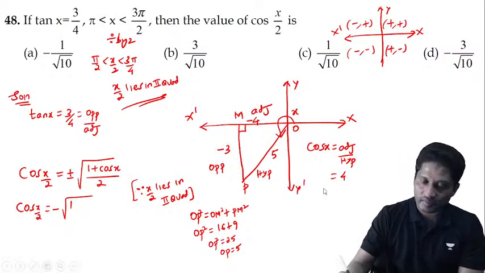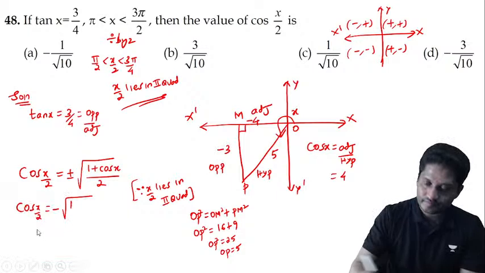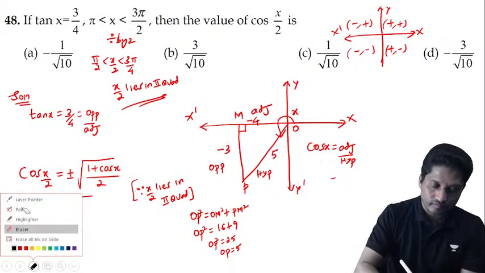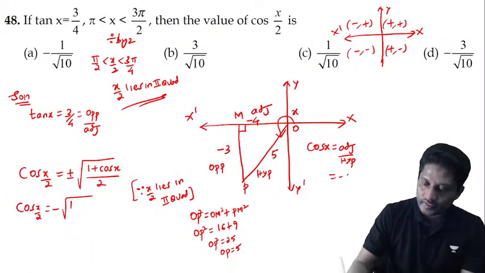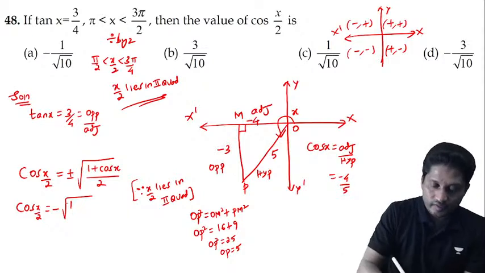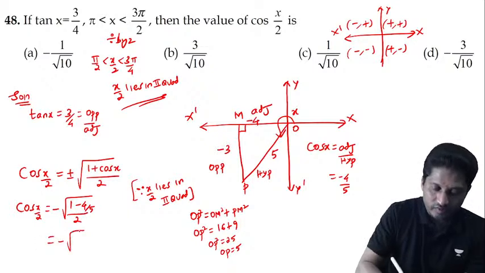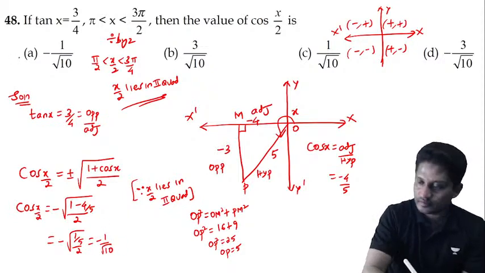So cos x is adjacent by hypotenuse, which is equal to minus 4 by 5. This is 1 minus 4 by 5 whole divided by 2, minus root of 1 by 5 upon 2, which is minus 1 by root 10. That is the first option.